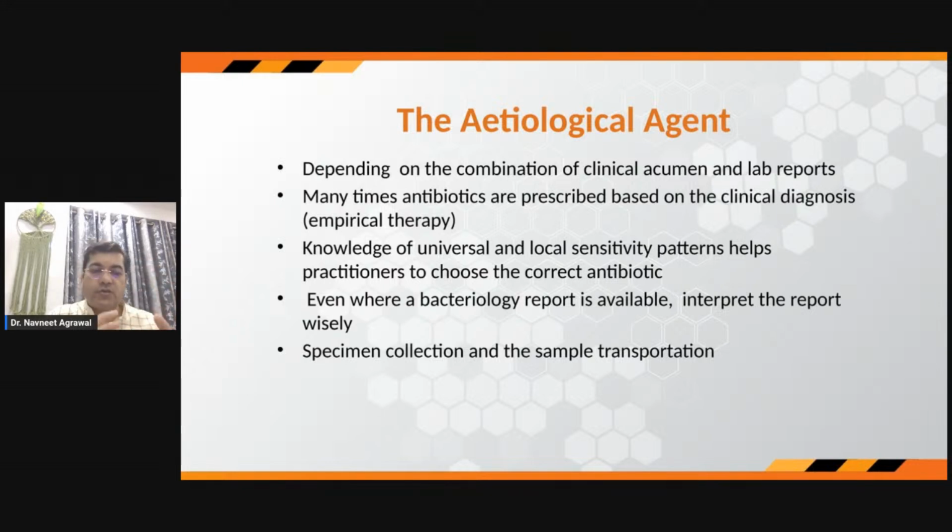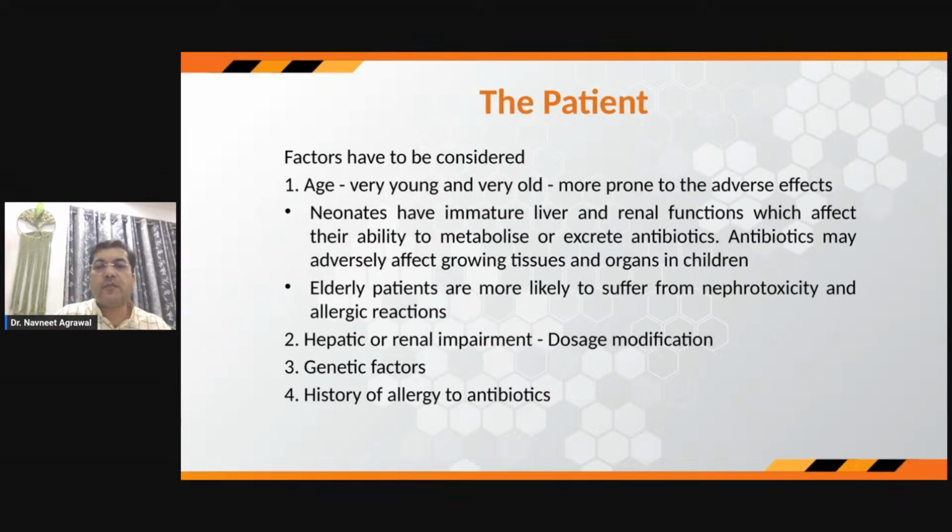We should use our clinical acumen whether this might fit into this particular patient or this particular situation. Then the patient. In the patient, we should consider various factors like the age, the comorbidities, the presence of immunodeficiency, presence of diabetes or any other disease.